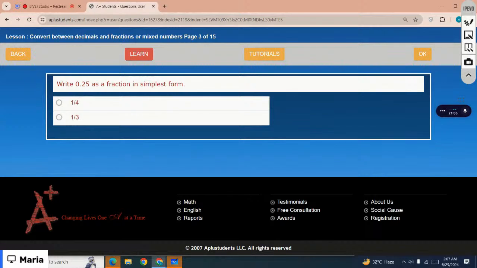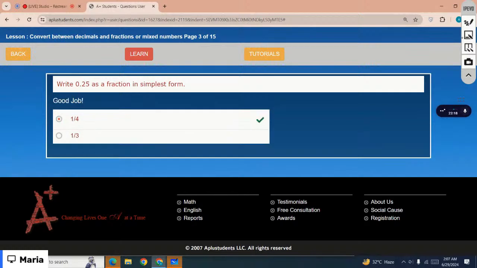Right? 0.25 as a fraction in simplest form. So which is the correct option? Yes, that is option number 1. 1 by 4 is the correct option.